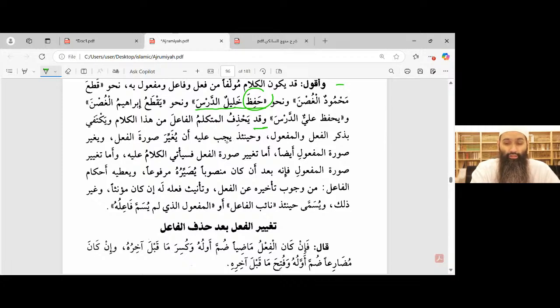Upon doing this, it's a must that he changes the surah, the form of the fi'l. وَيُغَيِّرَ صُورَةَ الْمَفْعُولِ أَيْضًا, and he also has to change the form of the maf'ul. He has to change two things: the form of the fi'l and the form of the maf'ul.